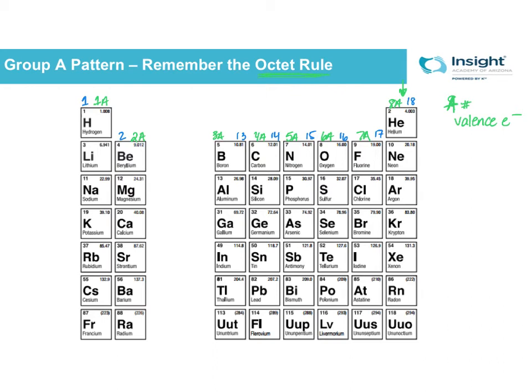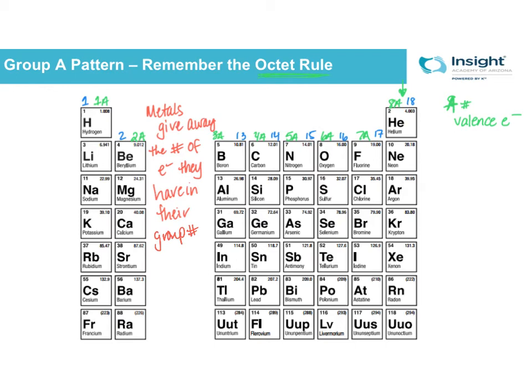All right, your metals, all right, so everybody to the left give away, they form cations, and they give away the number of electrons they have in their group number. This is just a way to remember it, which makes sense because group 1A has 1 valence electron.